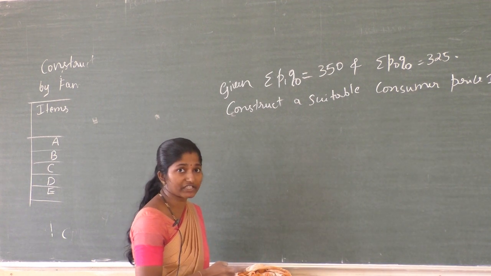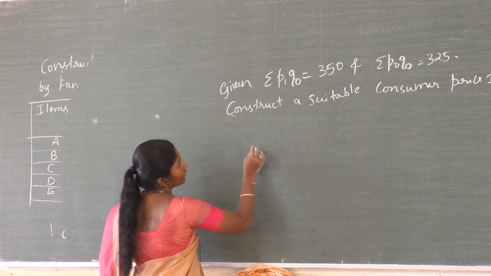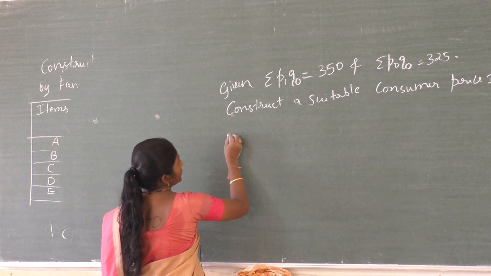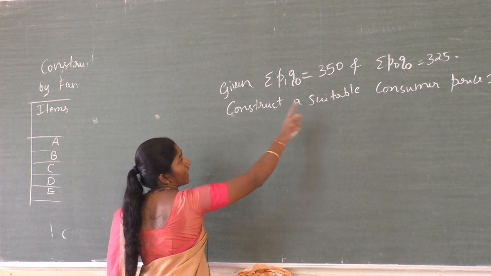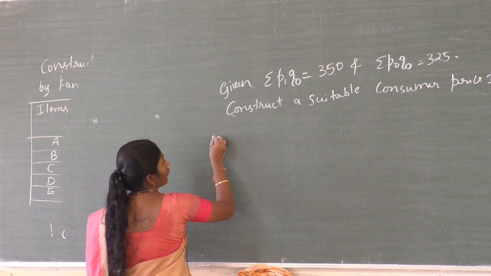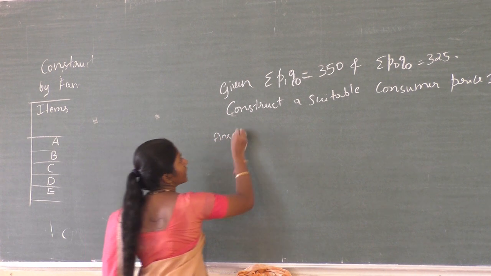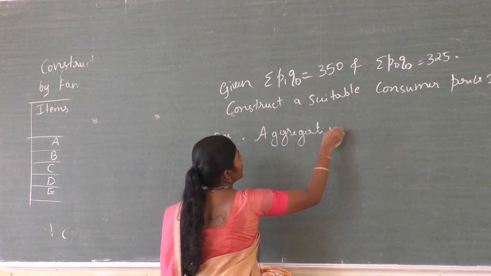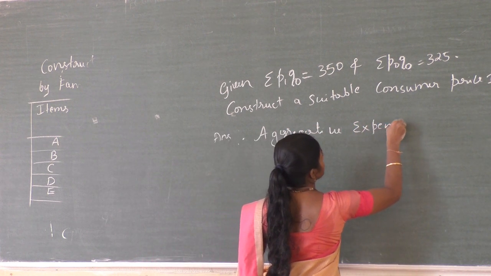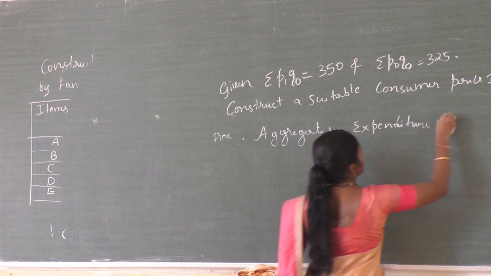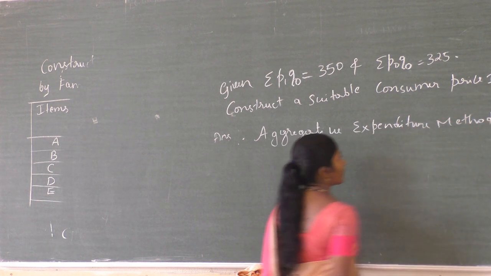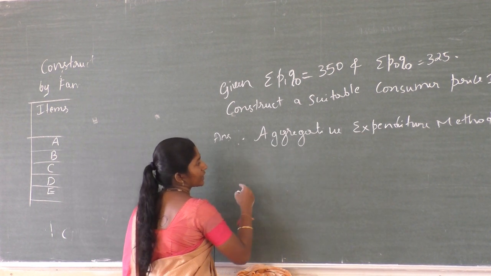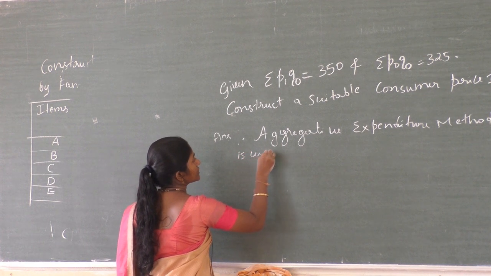Consumer price index number is given. Therefore, we have to take the aggregative expenditure method. You have to use that formula. Here P1 Q0 and P0 Q0 are given. Why?